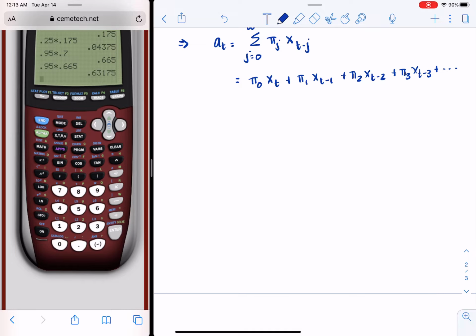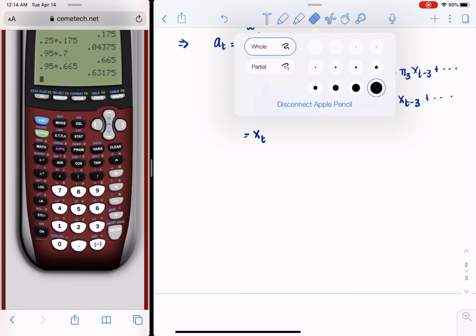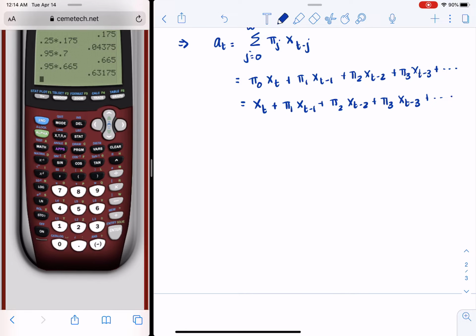So pi naught is simply 1, pi 1, we don't know what that is, pi 2, we don't have an idea, pi 3, we don't have an idea, but what we know is the autocorrelations, and we can estimate the model using those autocorrelations.